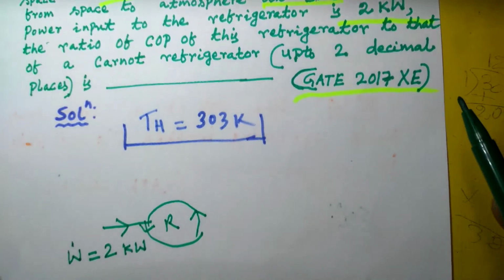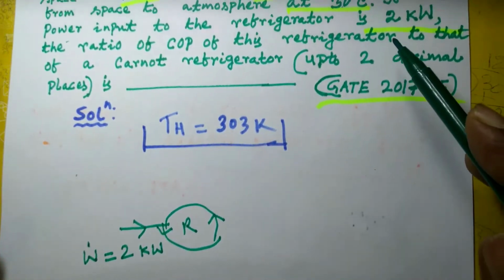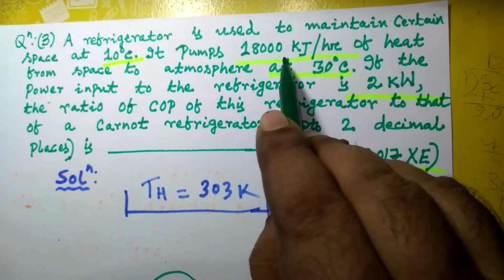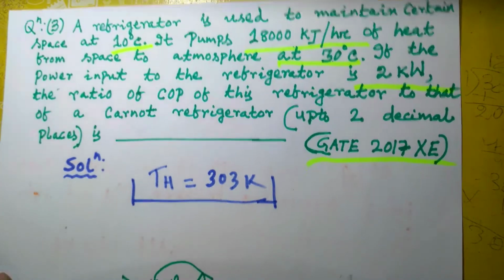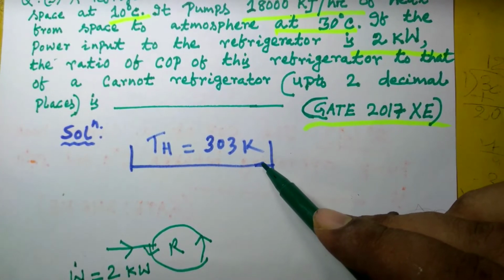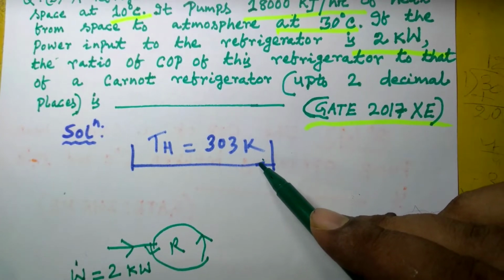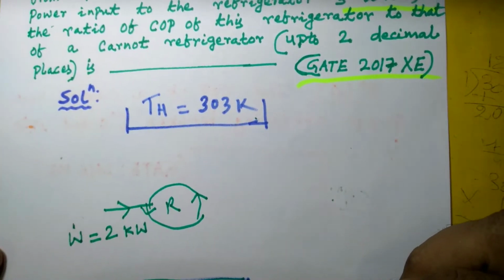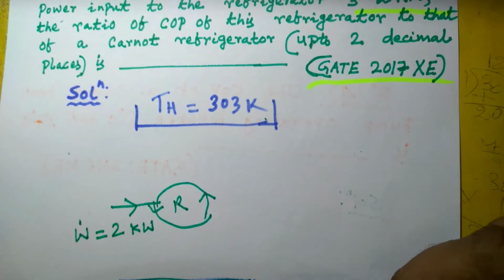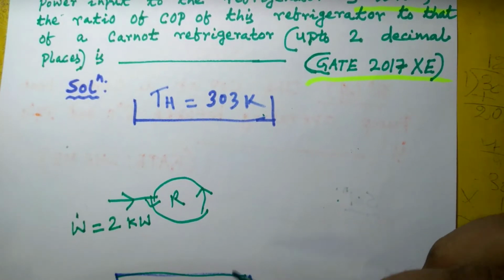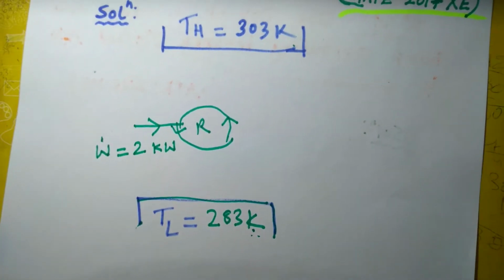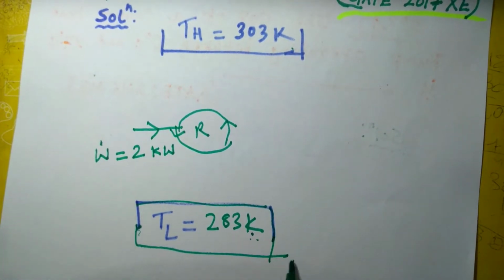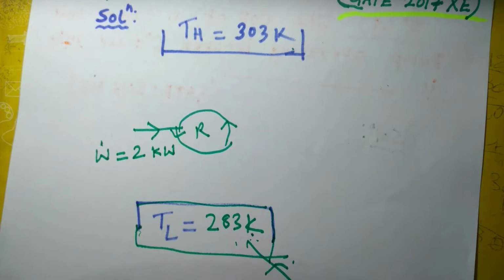Next is the ratio of COP, and it pumps this much of heat from space to atmosphere. So you know here the temperature of atmosphere is at 30 degrees Celsius and this is at 10 degrees Celsius, low temperature. So obviously heat will flow continuously from surrounding to this space.